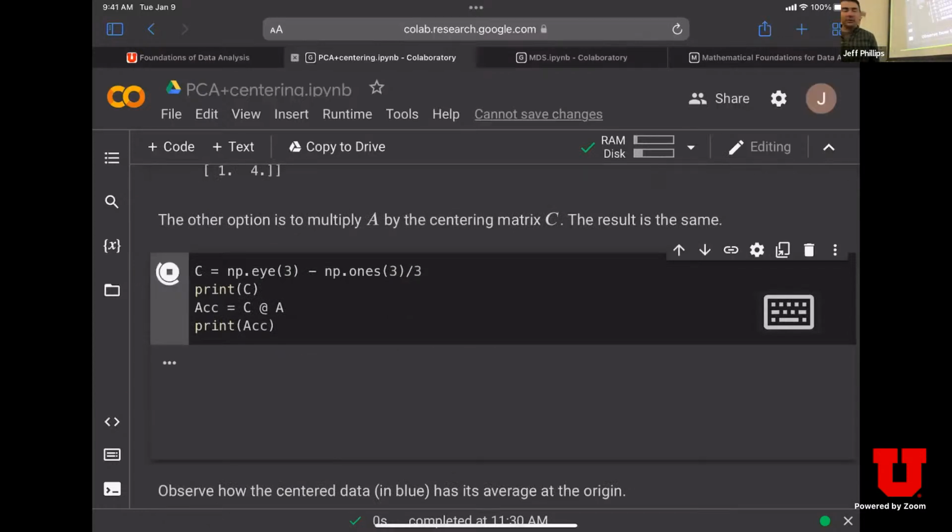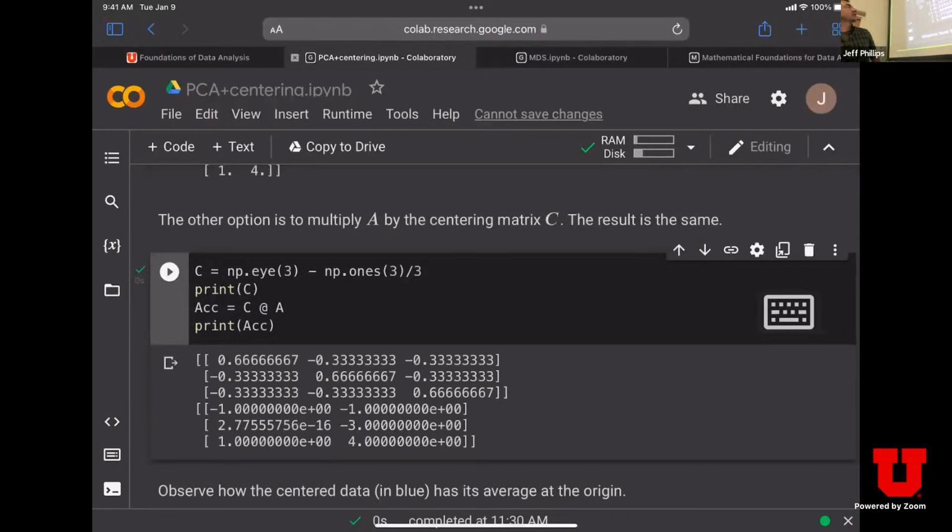If I do it with the centering matrix, using NumPy's identity and the all ones matrix, this is basically writing the centering matrix, and now I multiply by it.